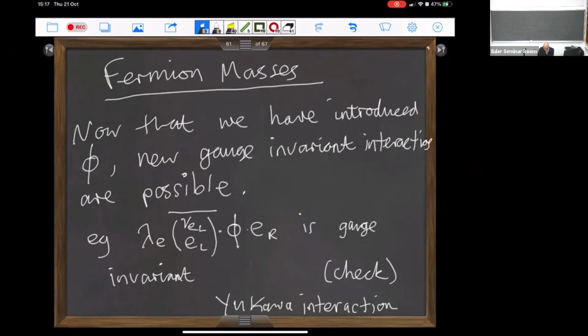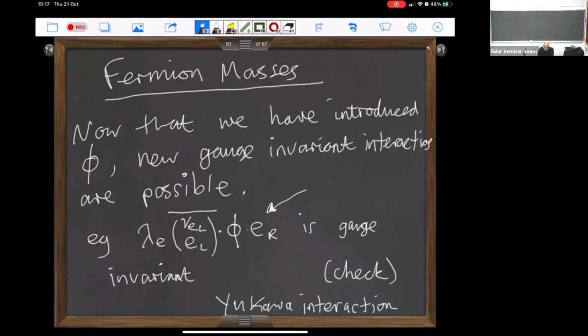And it turns out that new gauge invariant interactions are possible. So for example, here is an example of an interaction between the Higgs field, the lepton doublet, and the right-handed electron. And this is gauge invariant.